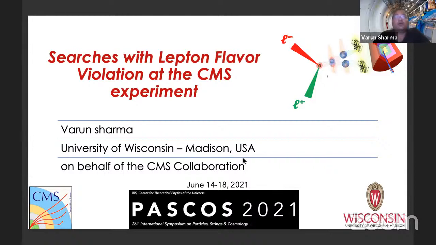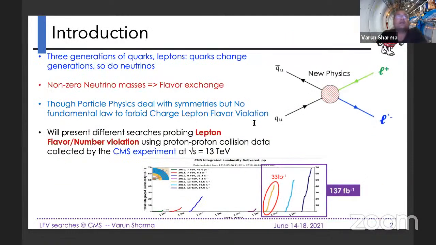I'll be talking about the lepton flavor violation searches at the CMS experiment. Starting with a very quick motivation, we know we have 3 generations of quarks and leptons, and they do change generations, and so do neutrinos. How do we know that neutrinos change generation?